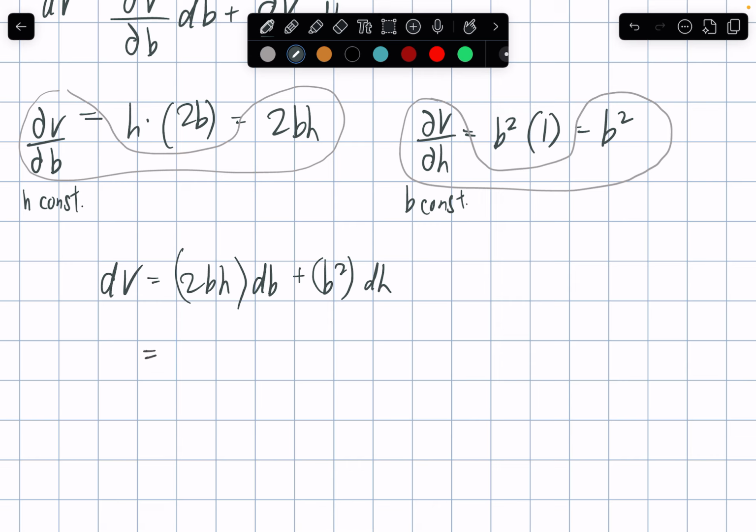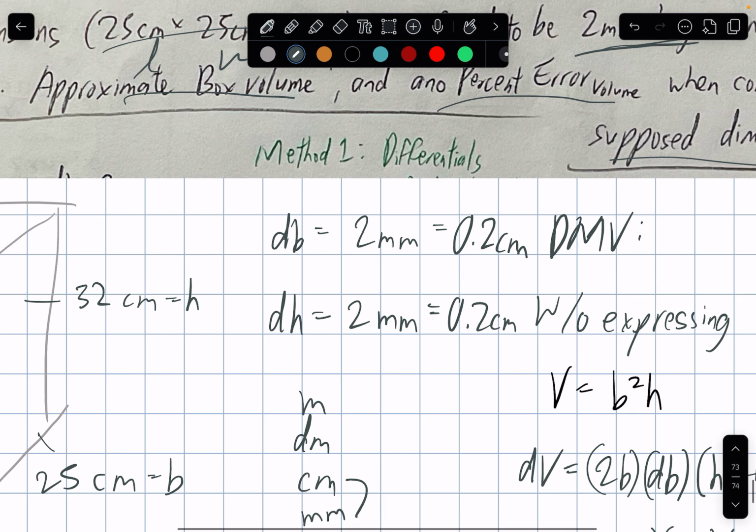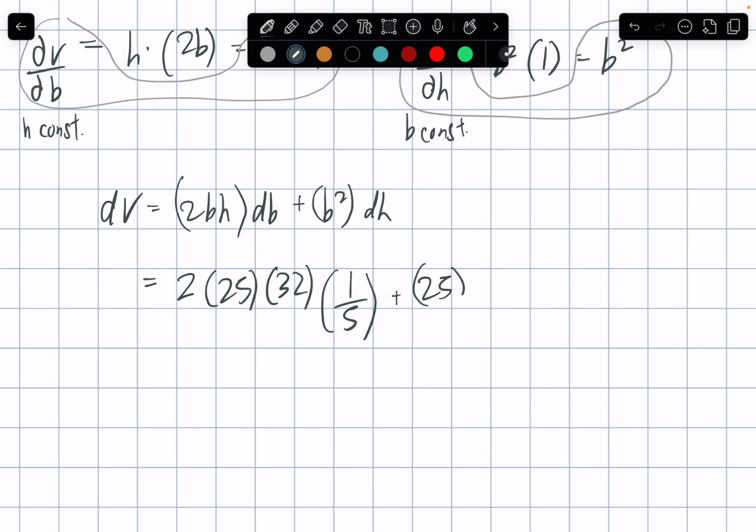Okay. Base is 25, right? And the height is 32. dB is equal to dH, which is 0.2, or just 1 over 5. 25 times 25 times 1 over 5. Let's try to cancel.